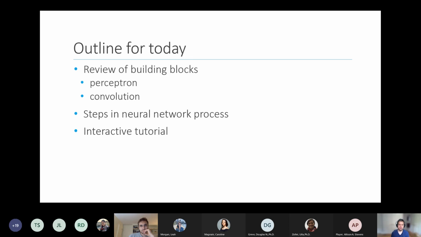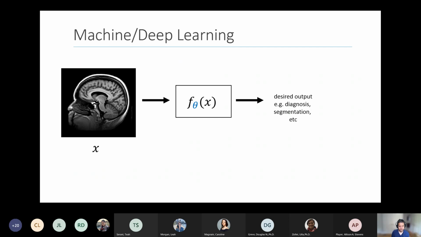But that will be closely tied to this interactive tutorial that I wrote that will walk you through a couple of problems that we can solve with deep learning. And importantly, you'll get exposure to all of these aspects, all of the things to think about, but also how the different building blocks work and how TensorFlow works and that sort of thing.